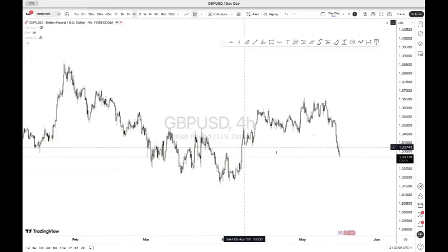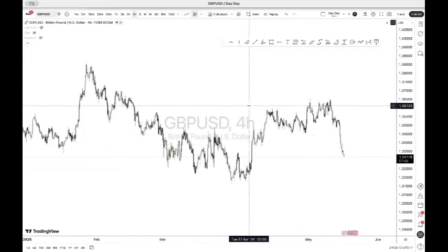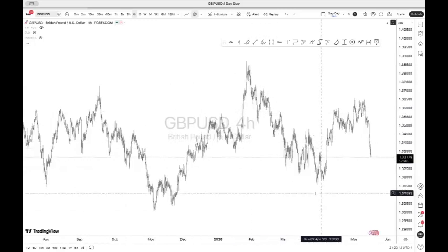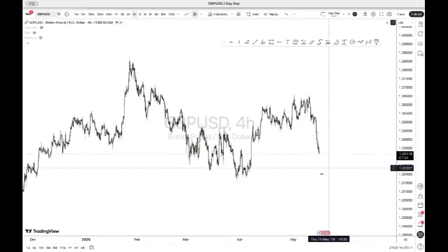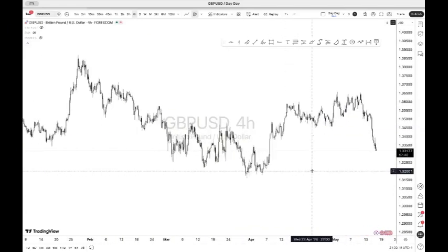So we're going to use this GBP USD, and this is going to be a forward analysis, right? And we are going to use this as an example and also use it as a possible entry for next week. Okay.